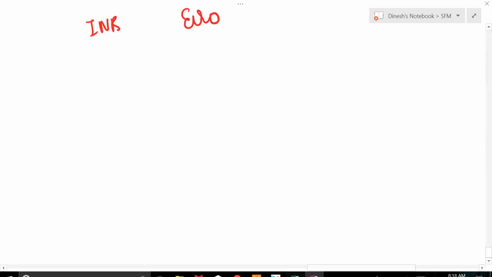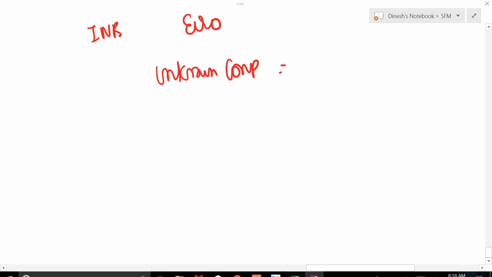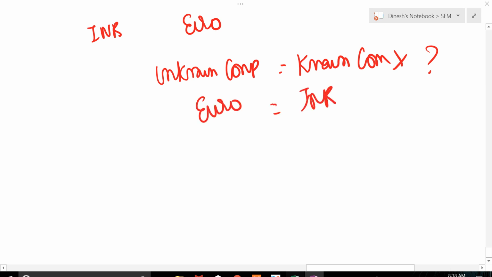So what we normally do is we write it like this: unknown component is equal to known component into something. That something is what we are trying to devise. What is the unknown component? Euro. Known is INR into, what do you want me to write?